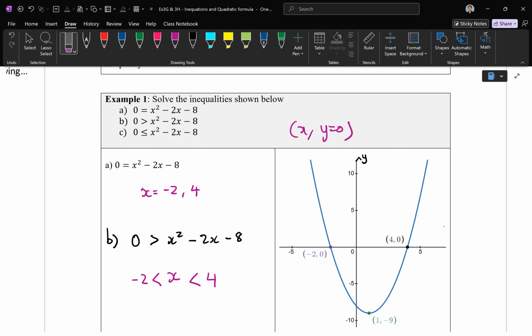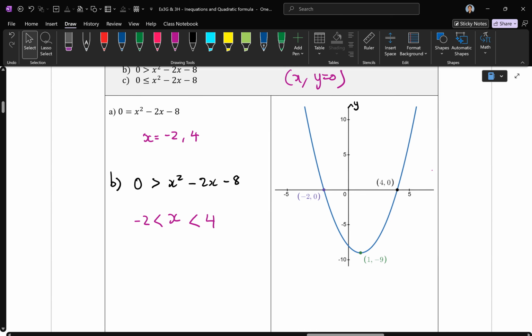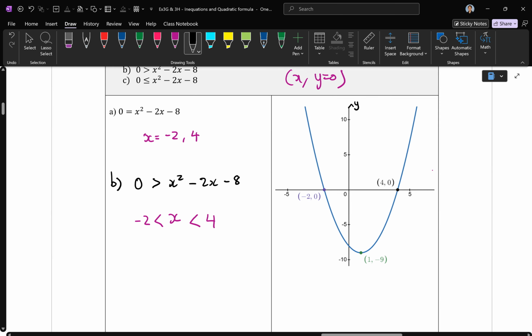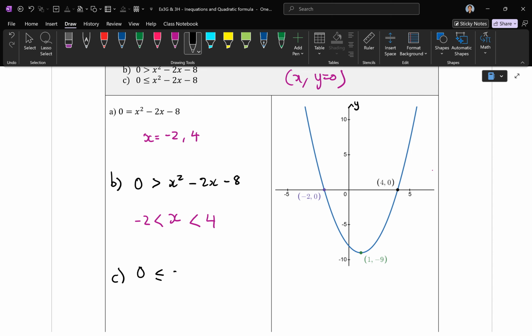And then same thing, part C, this is where I'll stop today's session. In C, we're asking, when will the graph x squared minus 2x minus 8 be larger than or equal to 0? And what they're saying is, when will it be greater than the y value at 0?